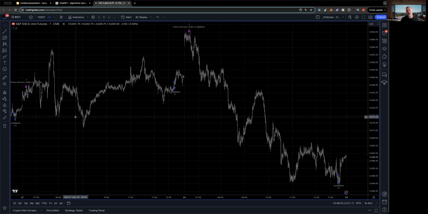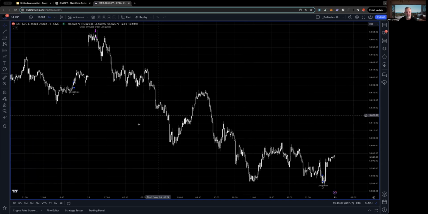Or somebody's buying this up and, oh look, we have a gap up overnight. There's something happening in the price action that would indicate that.